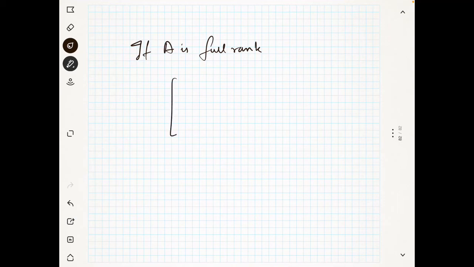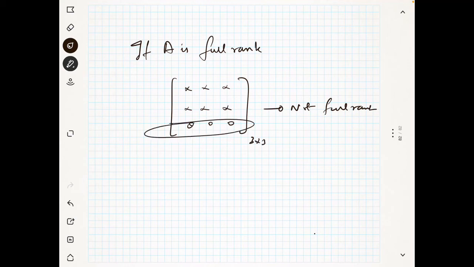That means you will have all the elements here, but suppose this is 0, then I can say this is not full rank. Suppose this is a 3 by 3 and this is 0, so maximum you will get the rank as 2. So here rank of A is equal to 2.